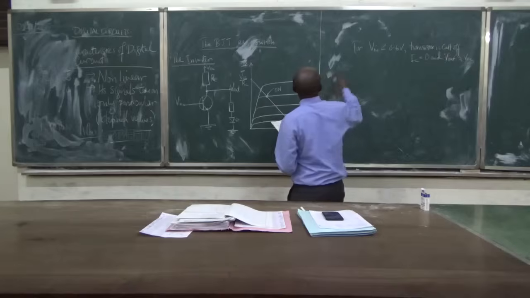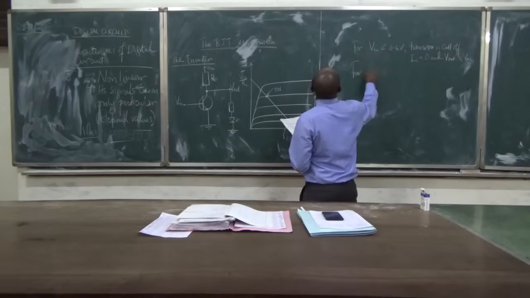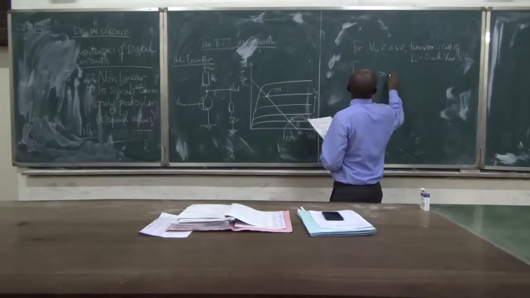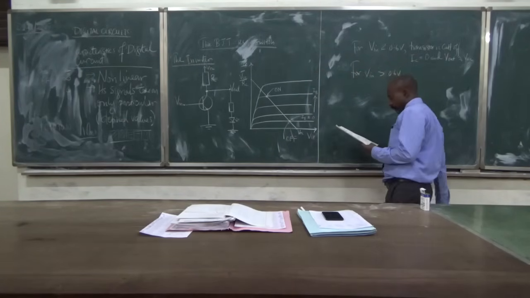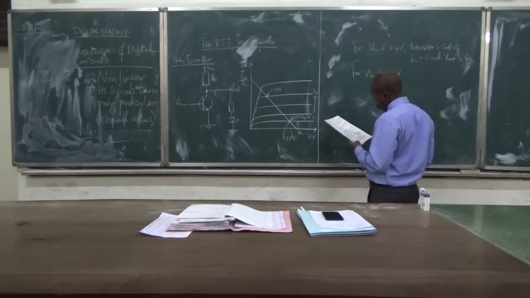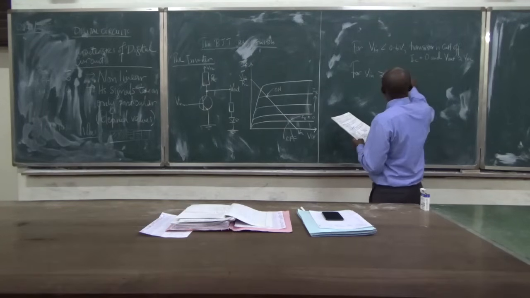And for V in greater than or equal to 0.6 volts, the transistor conducts.